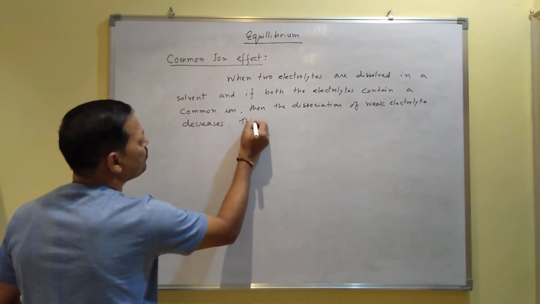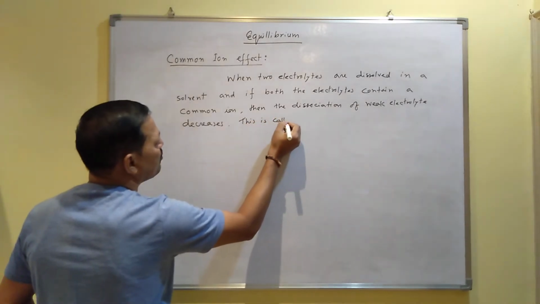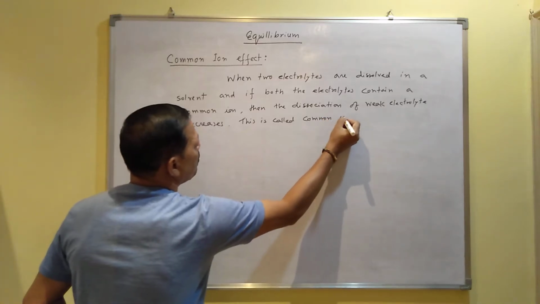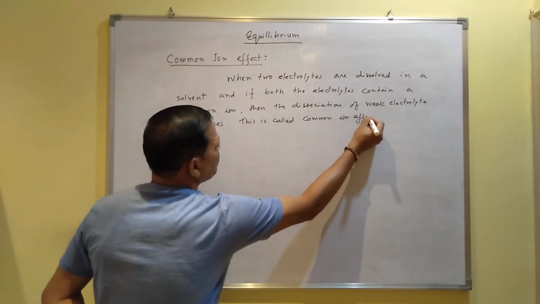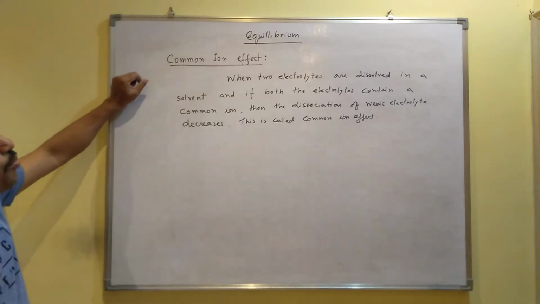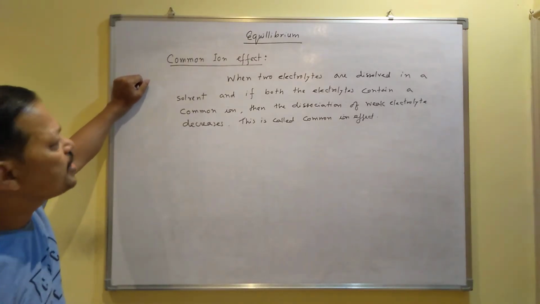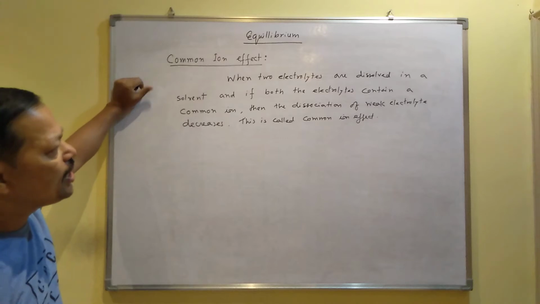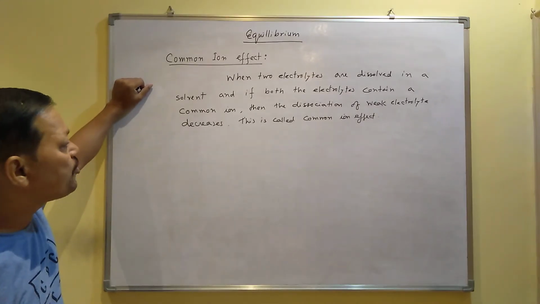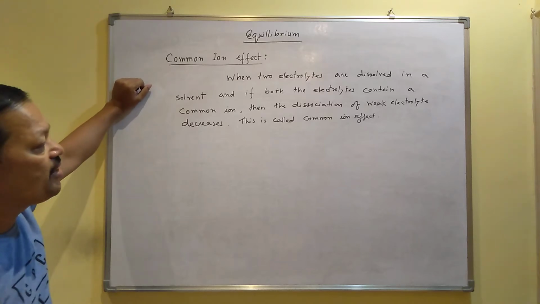This is called common ion effect. So this is the definition of common ion effect. When two electrolytes are dissolved in a solvent, if both the electrolytes contain a common ion, then the dissociation of weak electrolyte decreases. This is called common ion effect.